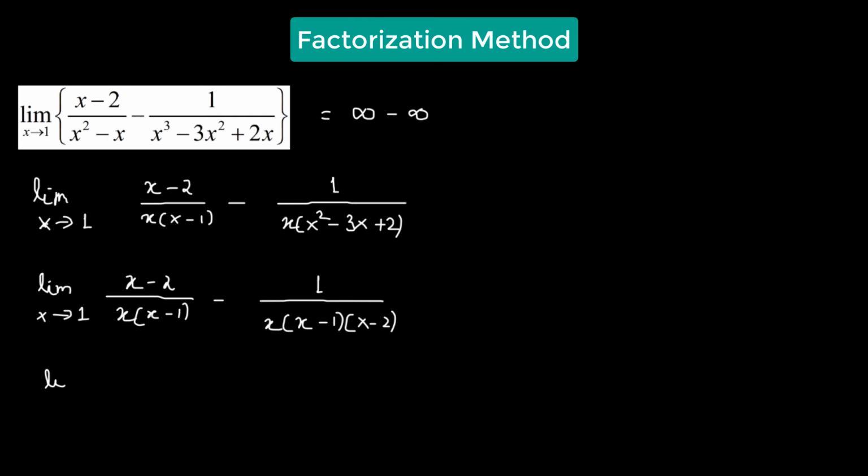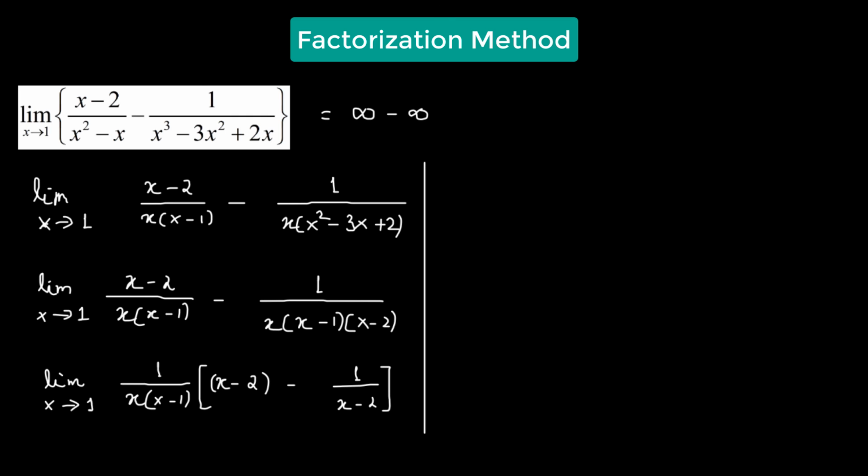So we have limit x approaching 1. So now what we are going to do, we are going to factor out 1 over x times x minus 1 from both the two rational functions, and that will leave us with x minus 2 minus 1 over x minus 2. Now let us combine these two rational functions.